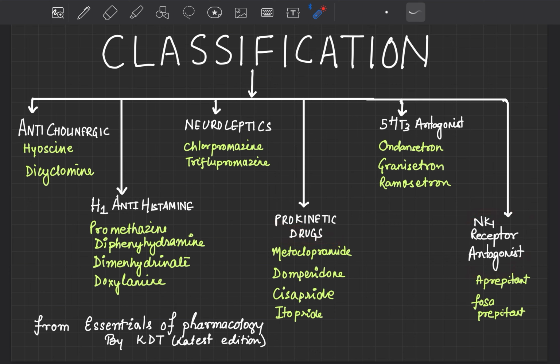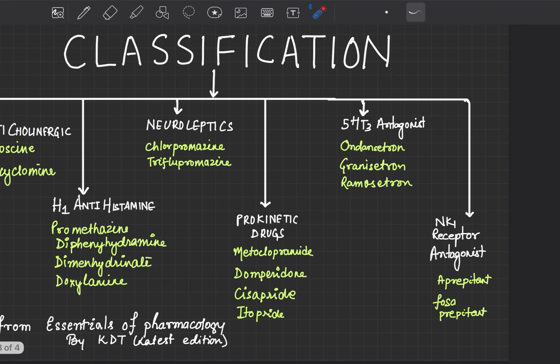I will request you all to go through the names and remember them, at least the main ones: in prokinetic drugs, metoclopramide and domperidone; ondansetron and granisetron in 5-HT3 antagonists; promethazine and diphenhydramine in H1 antihistamines. Please try to remember these by reading again and again. That's the only solution in pharmacology, to remember the names of the drugs.